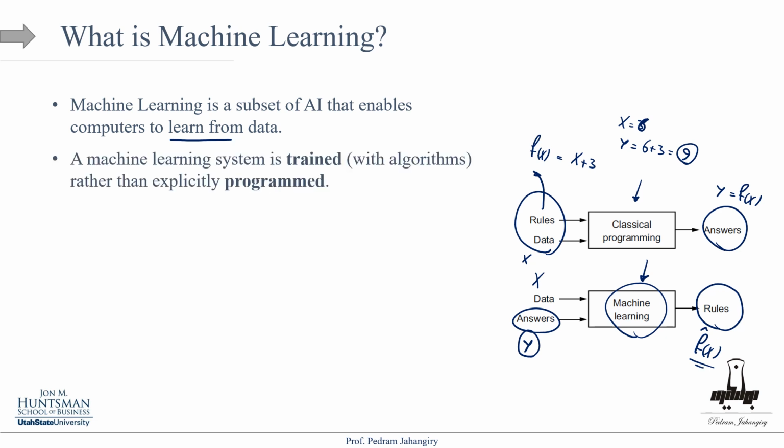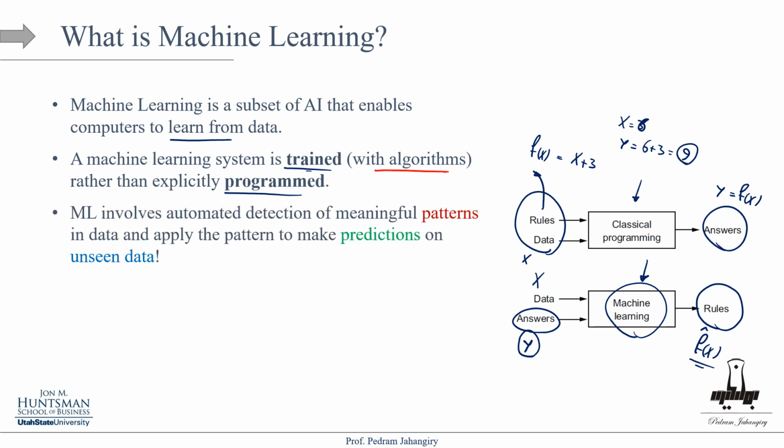As we said, the machine learning system is trained with a bunch of rules and algorithms. So it is trained rather than being explicitly programmed. Whenever we say that machine learning is a system that's not explicitly programmed by humans, this is what we mean. However, this does not mean that no human is involved. We, the humans, are the ones who set the scene and set the rules or algorithms.